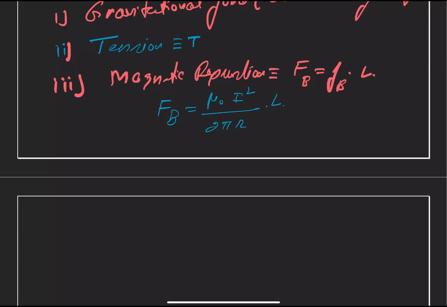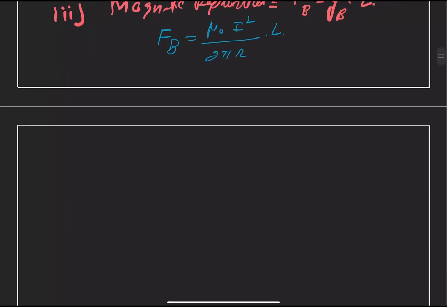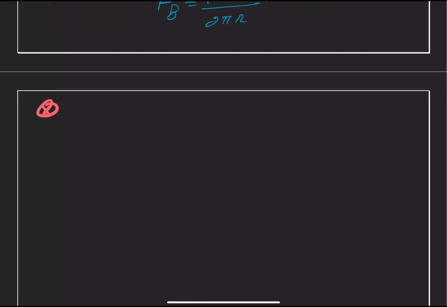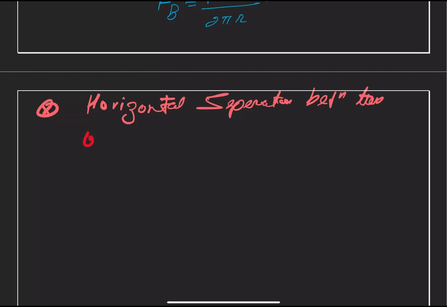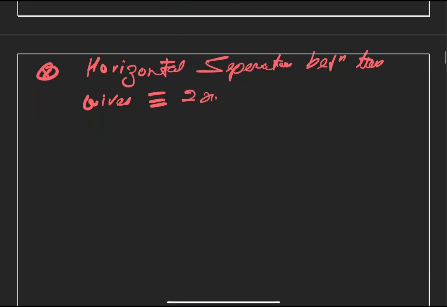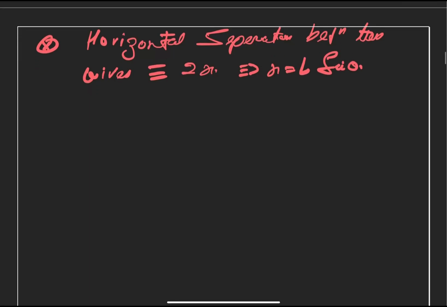And if we say that the horizontal separation between the two wires is 2x, let us suppose it is our 2x, so we can write that our x will be equal to L sine of theta and our r, which is our 2x, will be equal to 2L sine of theta.